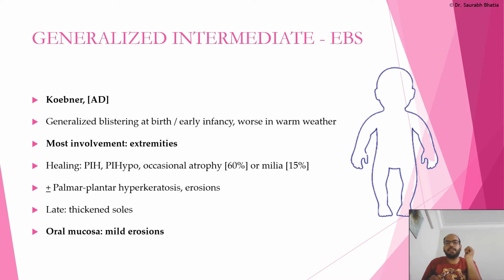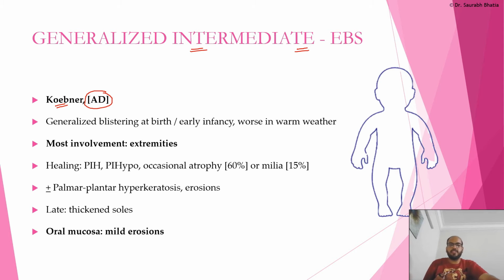The generalized intermediate EBS is also known as Koebner EBS or just Koebner's disease. It is also autosomal dominant inherited. All the three subtypes, generalized severe, generalized intermediate, and localized, are autosomal dominant inherited. In the Koebner subtype, it is essentially the same as generalized severe, just the level of severity is less.